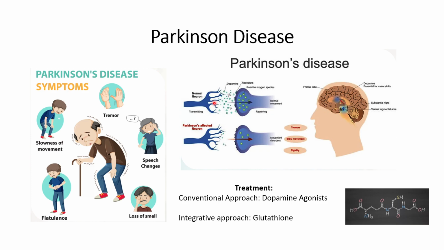For example, when dopamine binds to the receptor, it gives a specific type of signal that activates reactive oxygen species, which leads to normal movement. So this dopamine agonist works the same way as dopamine does. The dopamine agonist binds the receptor of the neuron, which gives the reactive oxygen species within that neuron, and that leads to normal movement.